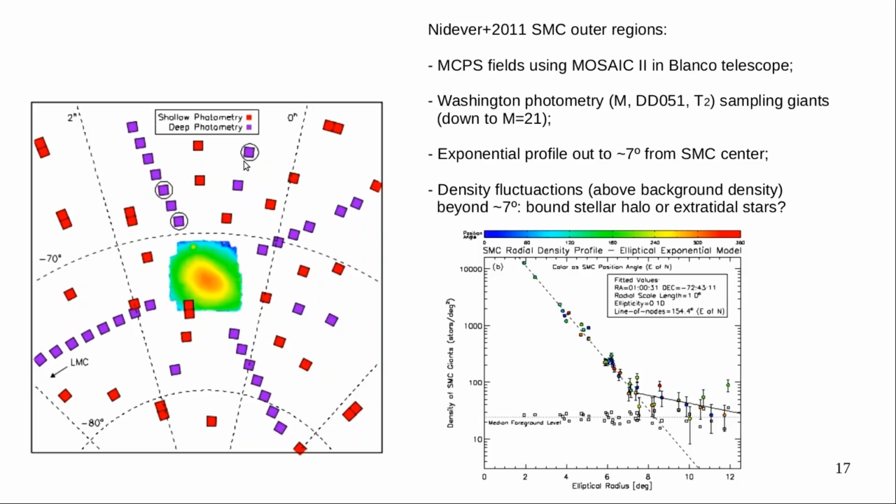The giant star density is plotted on the bottom right figure, where they fitted a new center for the SMC. They found an exponential profile extending out to about 7 degrees from the SMC. Beyond that, there are density fluctuations, maybe due to a bound star halo or to extratidal stars.